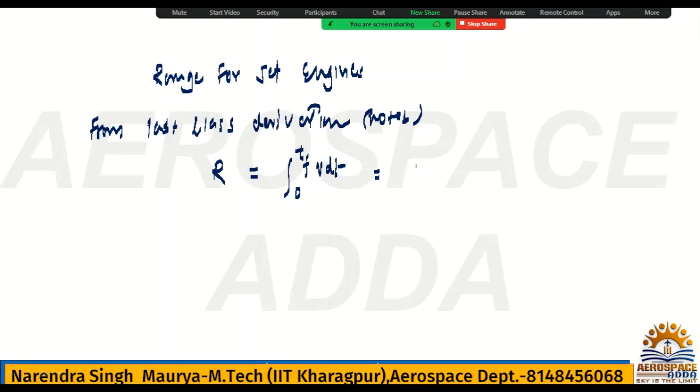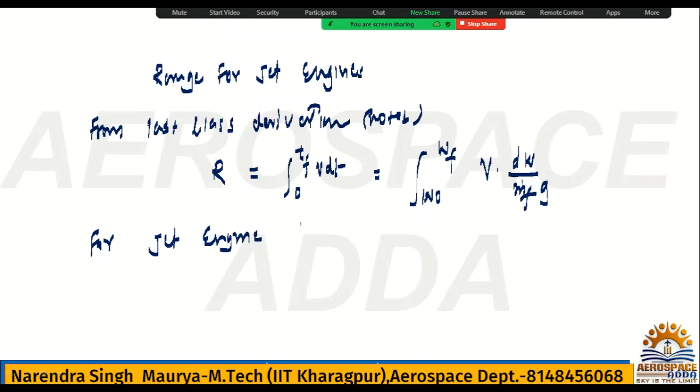So if you follow the previous class notes, it will be integral from W naught to WF of V into dW divided by m dot f g. This is the common one. There should not be any doubt up to here. Now for the jet engine, this is the equation for the jet engine.